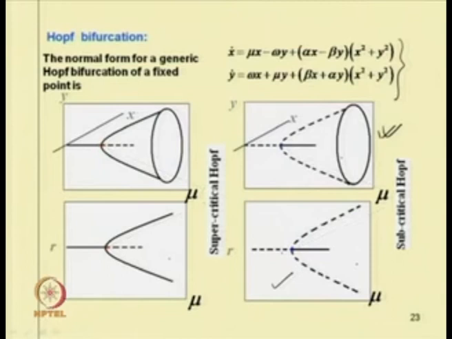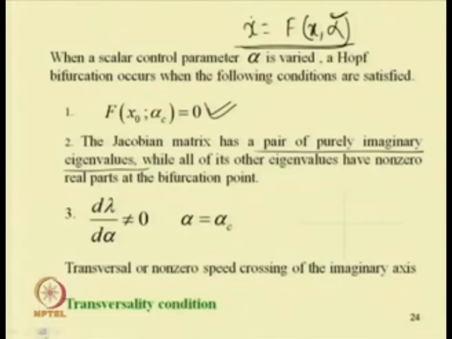It will have a 0 real part in the eigenvalue, but a non-zero imaginary part. And the other condition, the transversality condition, also has to be satisfied.